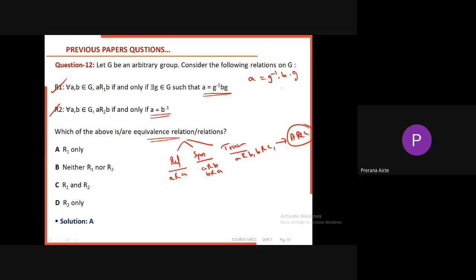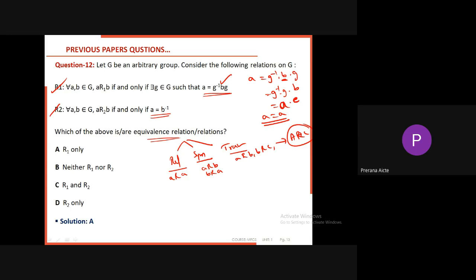Now here, if you substitute the identity element in place of g, then g inverse b g becomes e inverse b e, so we get b here. And in the place of b, if you substitute a, we get a. So now it is possible to get a is equal to a. So we can say that this one will follow the reflexive property.